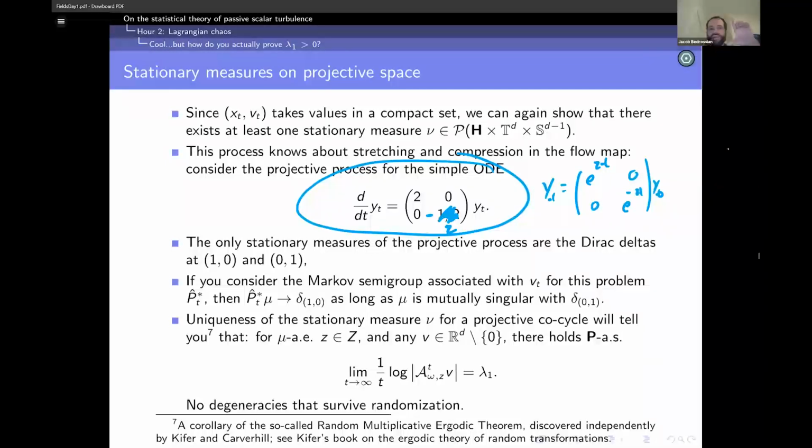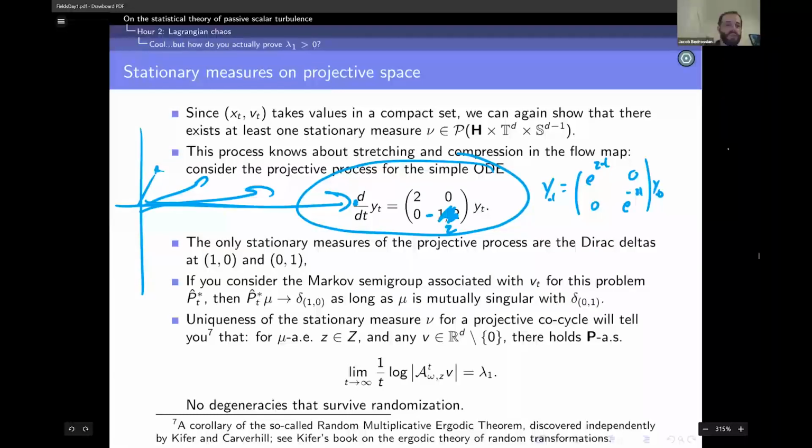So if you think about what y_t would do, wherever you start, it's going to compress in this direction and expand in this direction, which means that y_t will tilt like this. This will be like y_1, this will be like y_2, this will be like y_3. And if you think on projective space, that will just be where we take these vectors and clamp them back to the sphere.